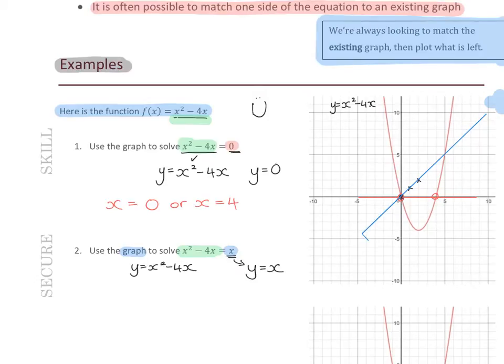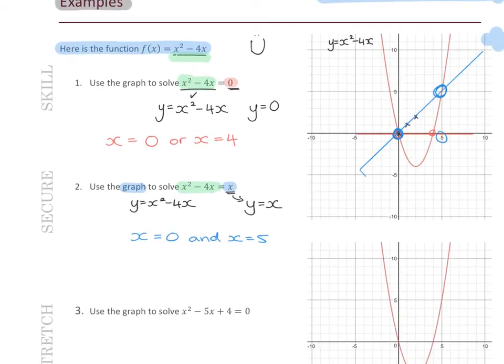So we can see there that we have two new intersections. That one's there already, and this one is here. So x equals 0 and x equals 5. So we're just looking to split the function up, sketch the two graphs, and then look at where they cross over.